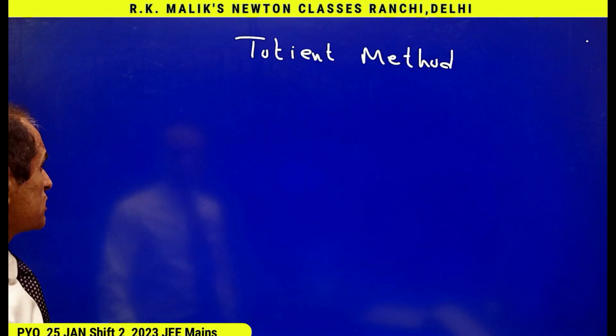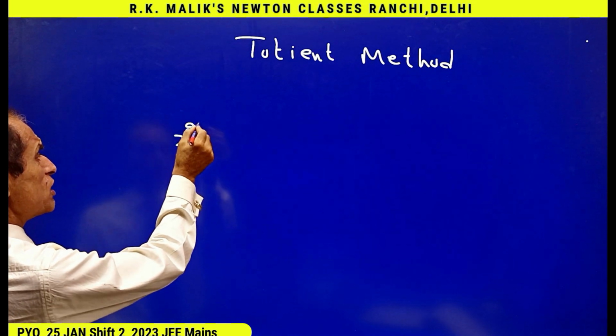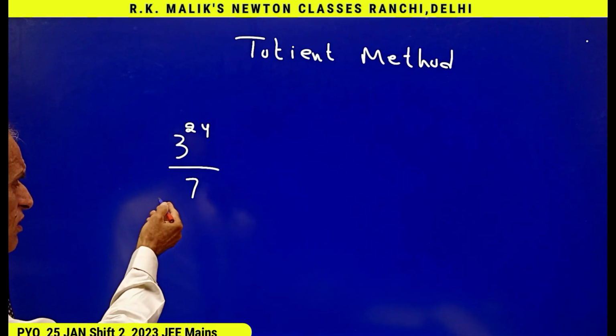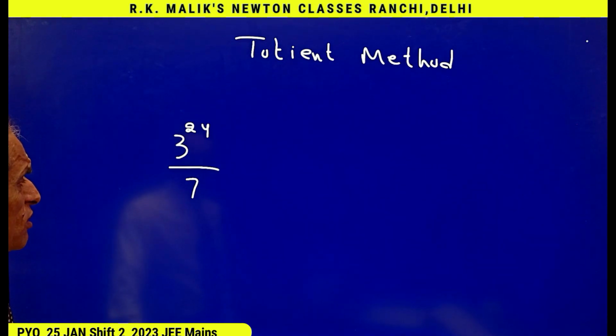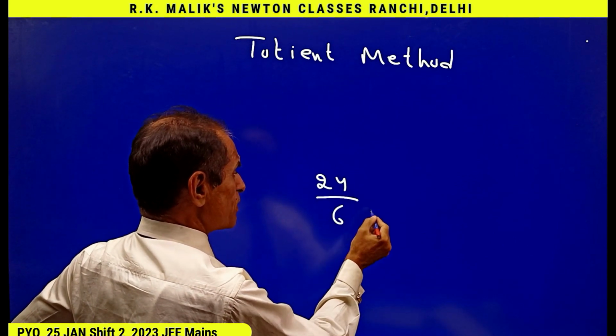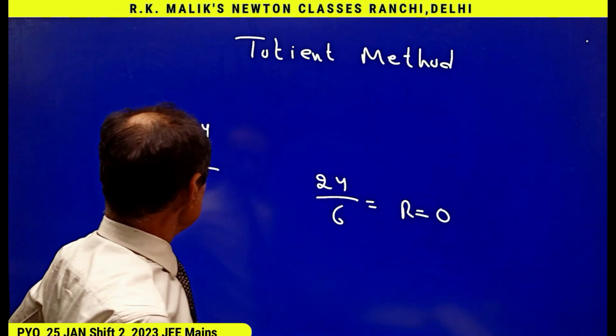Let us take one more example. Say you have to find the remainder when 3 to the power 24 is divided by 7. Just now I told you totient of 7 is 6. Therefore, when 24 is divided by 6, remainder is going to be 0.